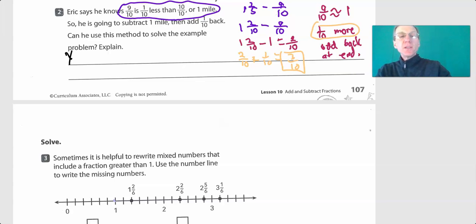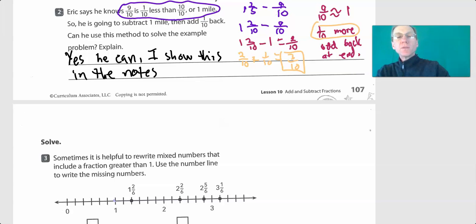We'll say yes, he can. Yes, he can. And then you can say, I show this in the notes, and then just draw an arrow, and then maybe a bracket or something like this.